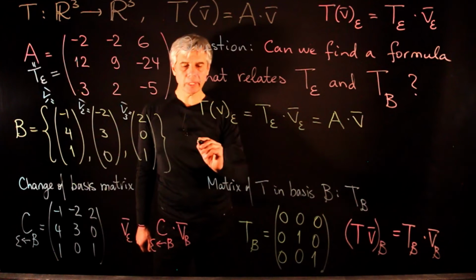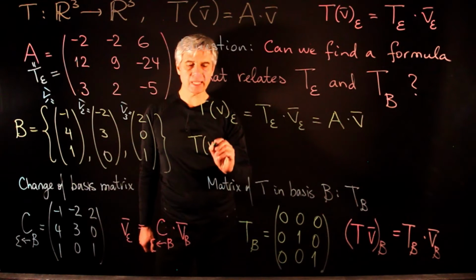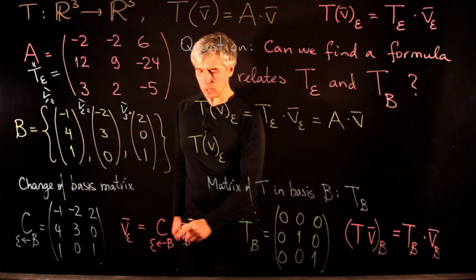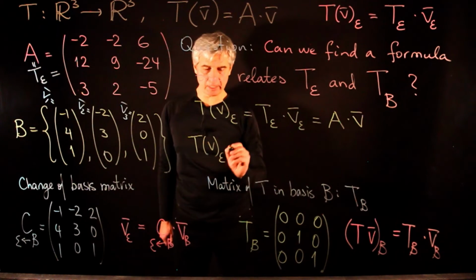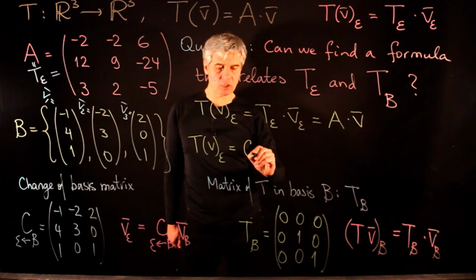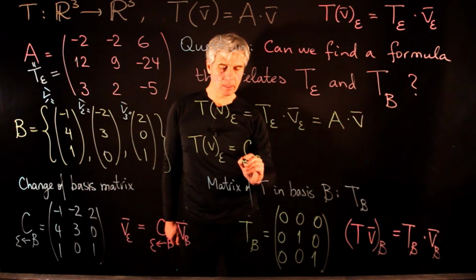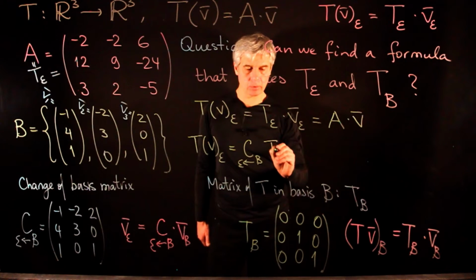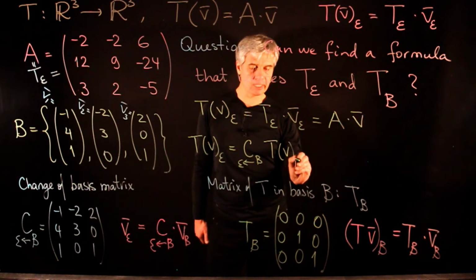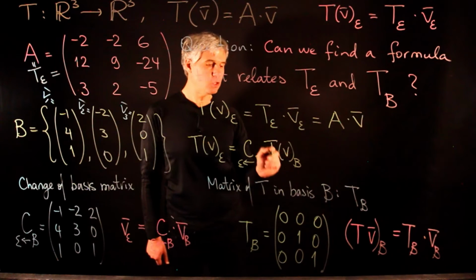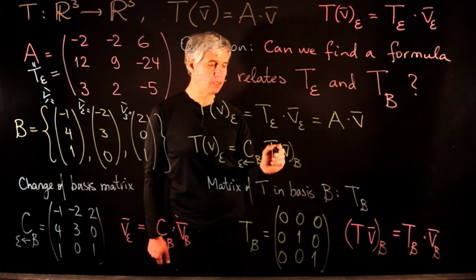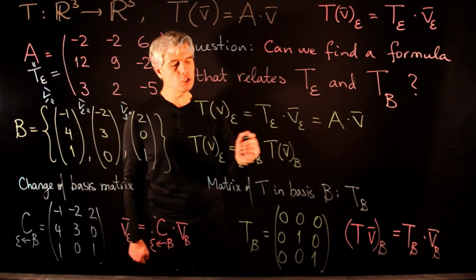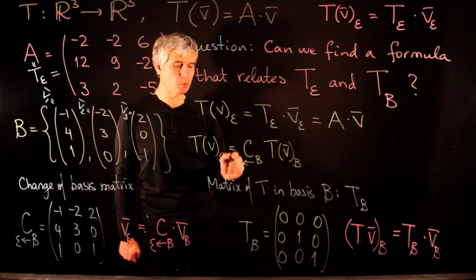Now let us calculate the same thing, the standard coordinates of T of V, in a different way. So we're going to perform the change of basis. We write down that this is the change of basis matrix times the non-standard coordinates of T of V, so this will be T of V in basis B. So we take the image of our vector V and calculate it in basis B, and then change the coordinates from non-standard to standard.